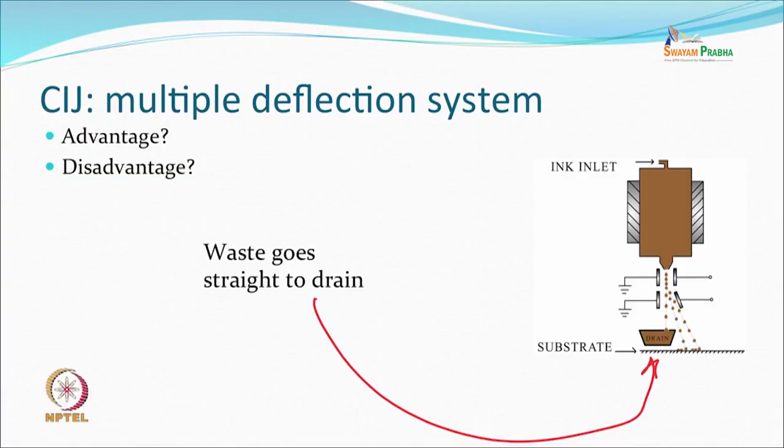One probably thought maybe you can get high production. The same inkjet is going to different points also. In the first case, it was only at the same point where the jet nozzle was. Now with the jet nozzle at one place, printing can happen at different places. Multiple means not 2, it could be 3, it could be 4. It's only a question of deflection. So it gets deflected and also goes somewhere else. That's the advantage in that sense. The waste in this case is going straight to the drain now.